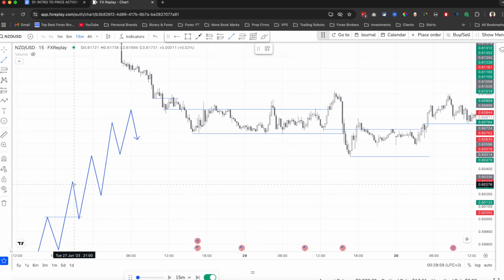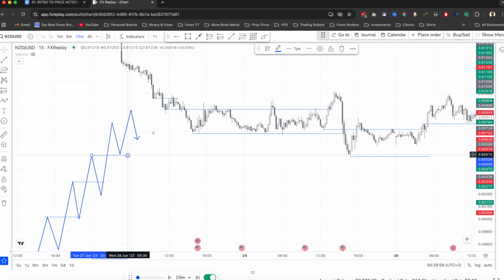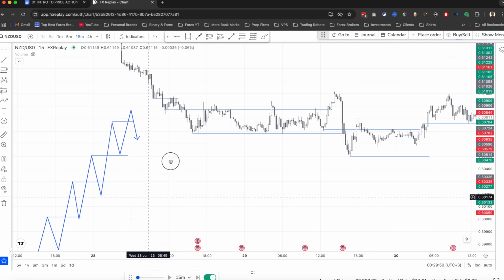And as you can see, there is a break of structure, and then there is a retest, and then there is a break, and then there is a retest, and then a break. After every break of structure, there is a retest, right?